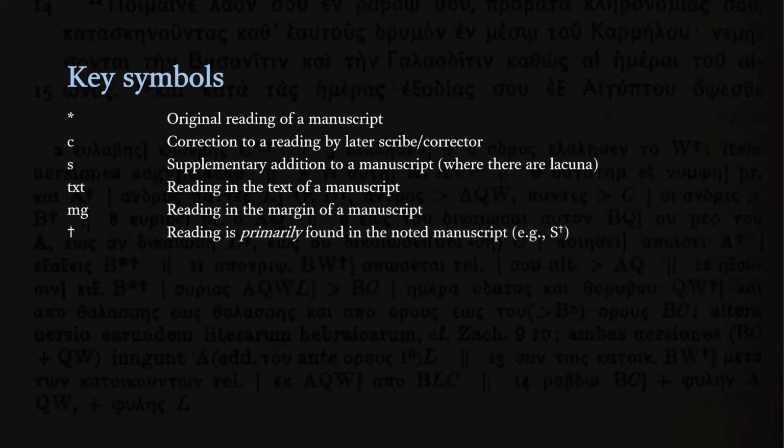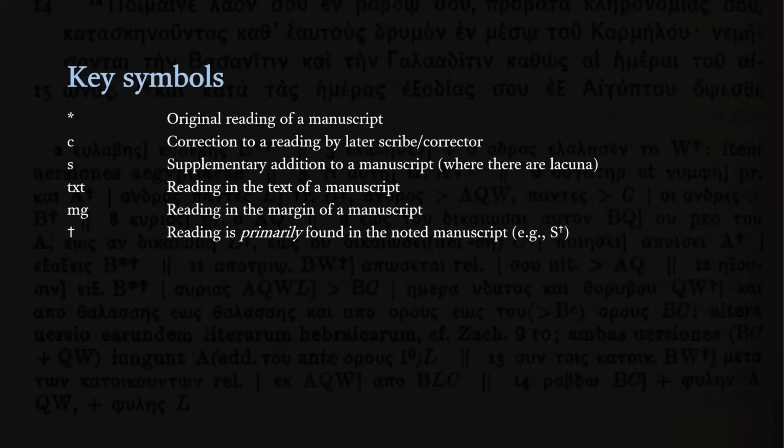You will occasionally see a sort of cross symbol here, and I'm not entirely sure why they do this, to be honest, but they will sometimes indicate that a specific reading, a textual variant, is only found, or at least primarily found, in the manuscript that it shows up in. So like Sinaiticus with that little cross indicates that whatever this word or phrase is, so far as we can tell, shows up only in Sinaiticus.